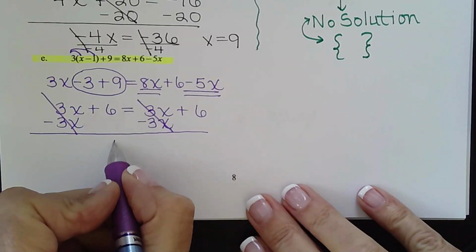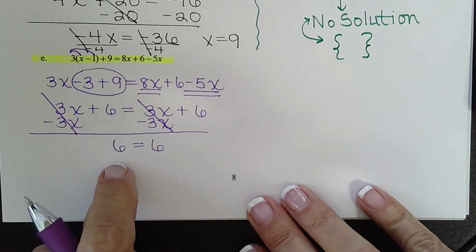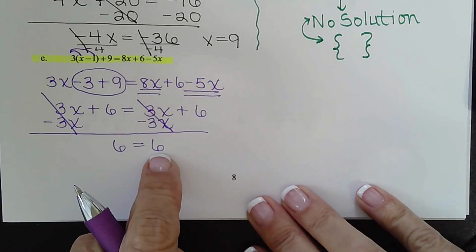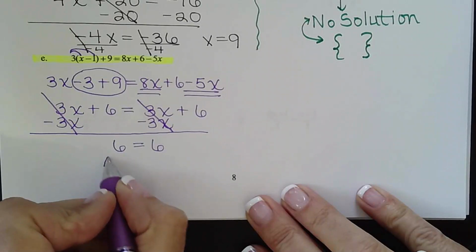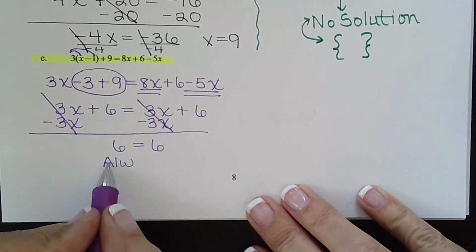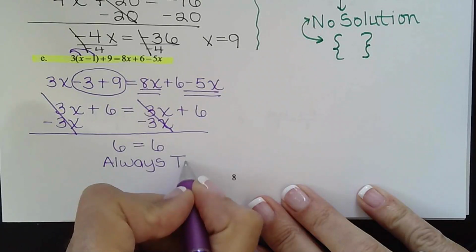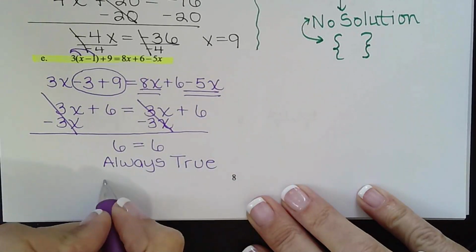So we bring down the next line to determine if it's always true or never true. 6 is always going to be equal to 6. So because it's always true, remember the N's stay with the N's, the A's stay with the A's. Always true, all real numbers.